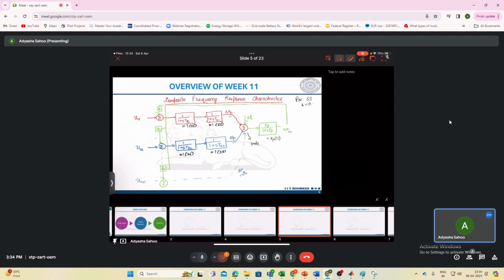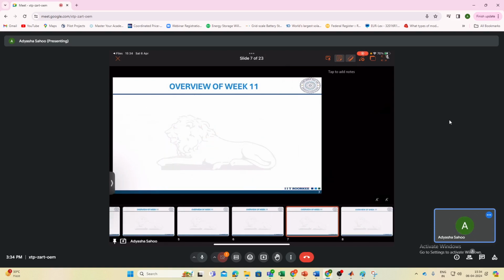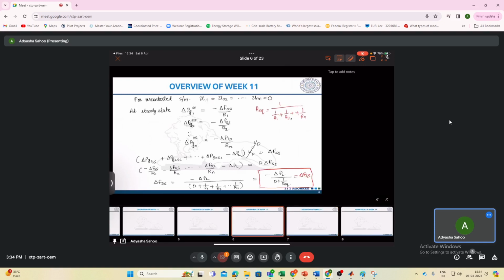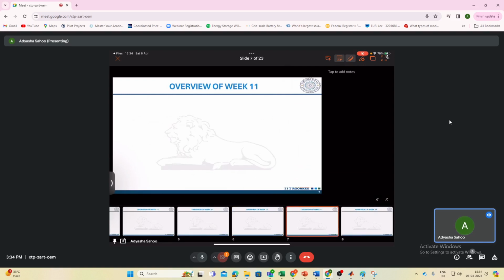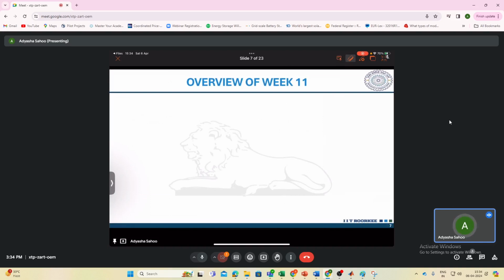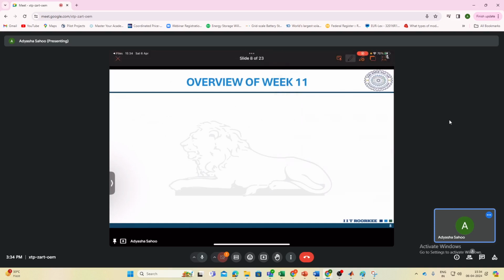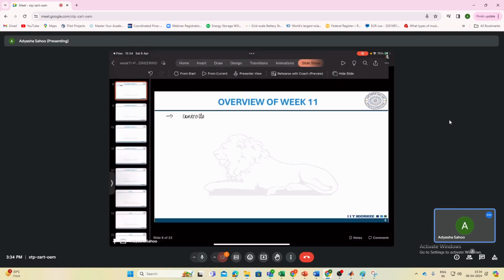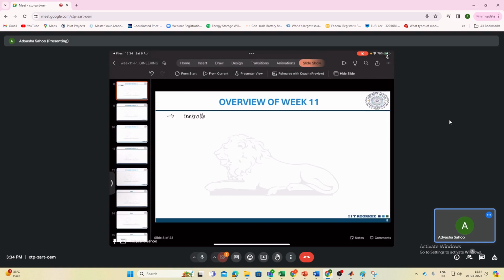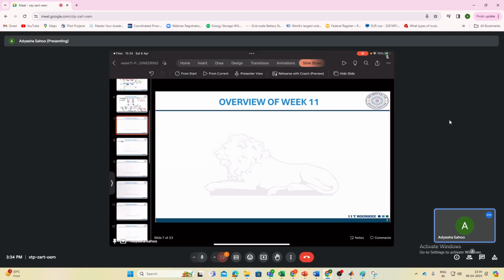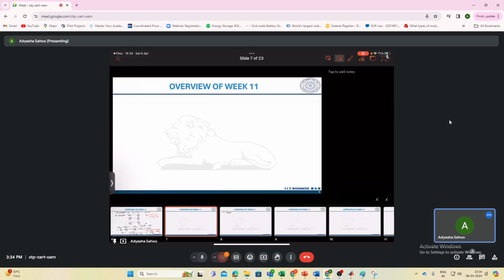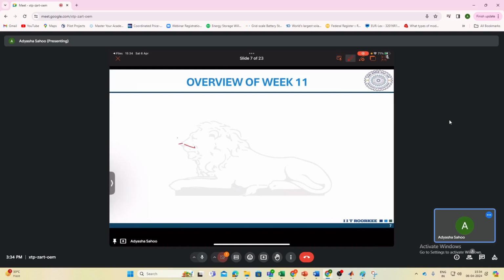So now we'll see it with integral controller, controlled system, with integral control.